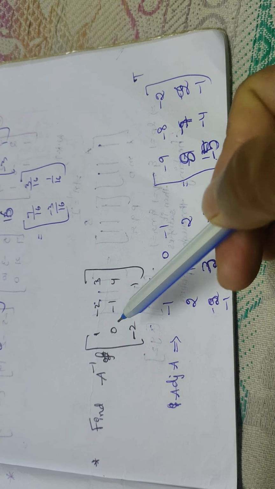So don't go for option B also. Next, 5 into 1 is 5, minus 2 into 3, minus 6, so it is also not equal to 1. Actually add the resulting values. Now 5 into 1 is 5, minus 2, minus 2 means the addition is 1, so automatically option B1 is the correct answer.